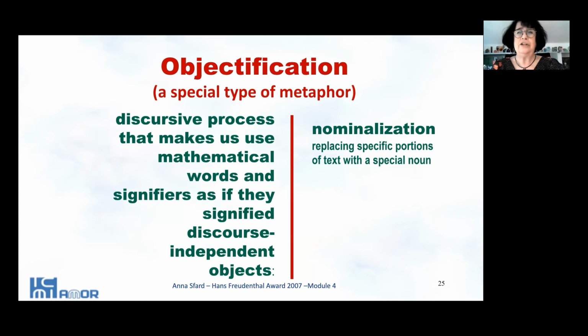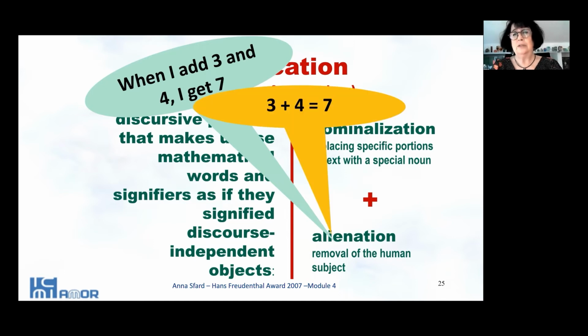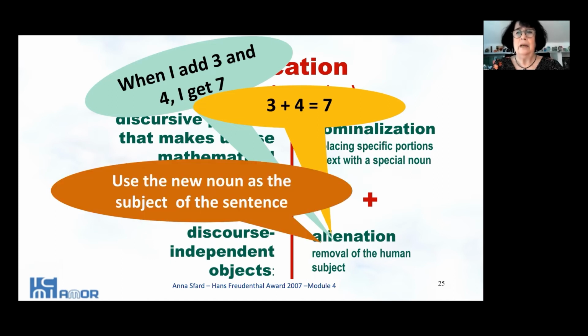Second, there is alienation, that is, the removal of the human subject. Thus, instead of saying, when I add 3 and 4, I get 7, we now state shortly, 3 plus 4 equals 7. And we now use the new noun as the grammatical subject, signifying an entity that does its own thing with no human agent involved.